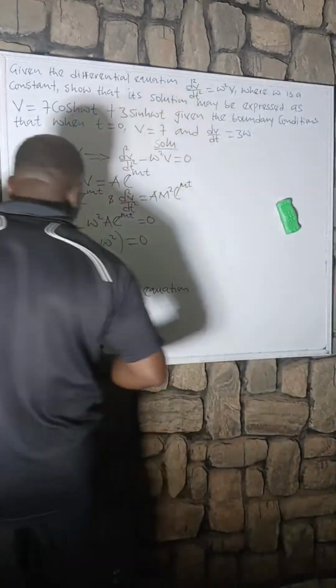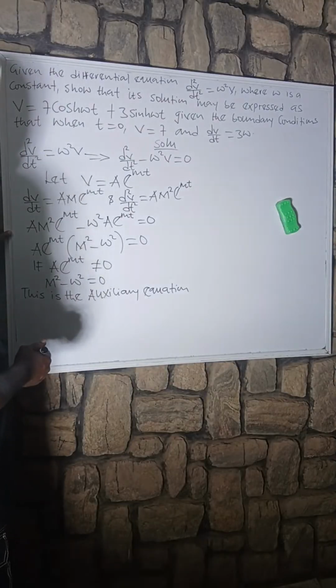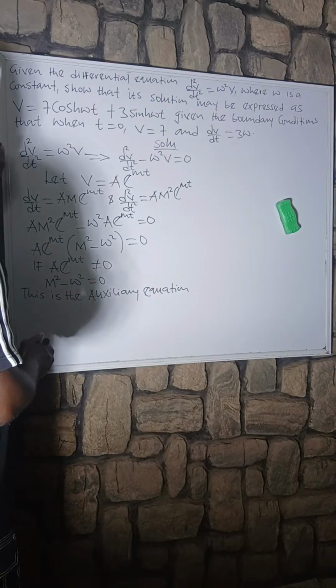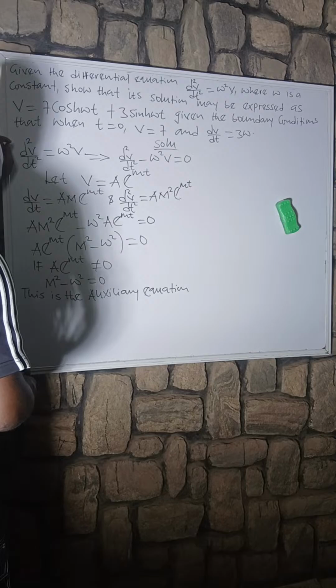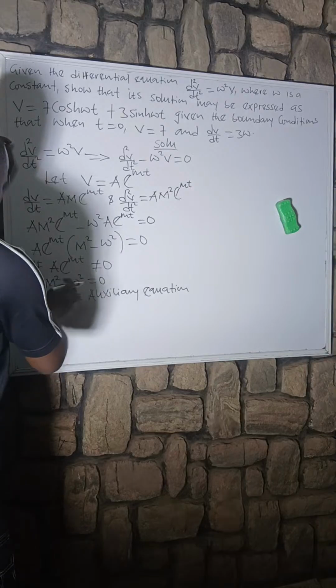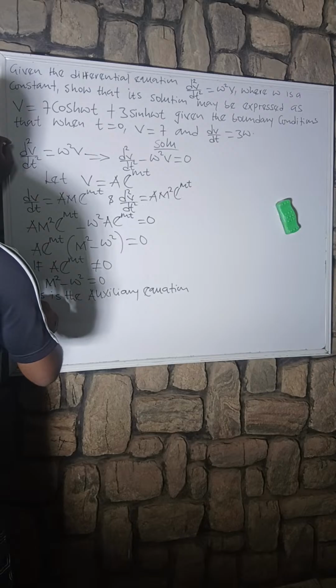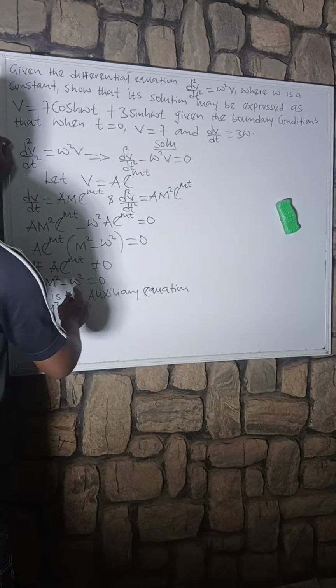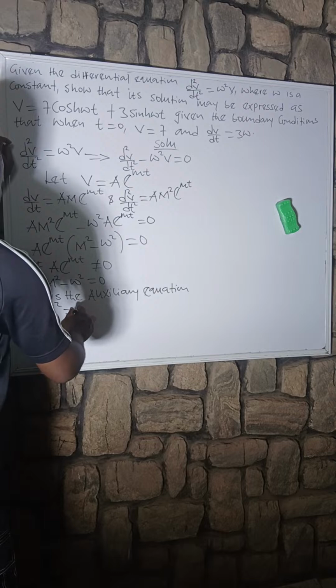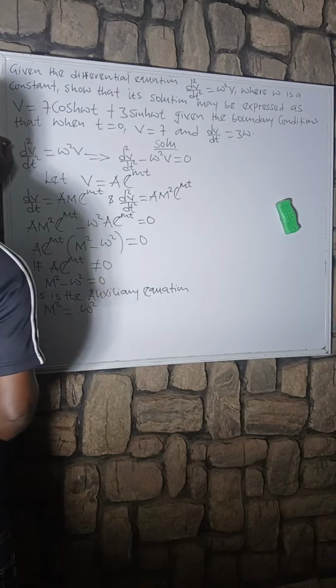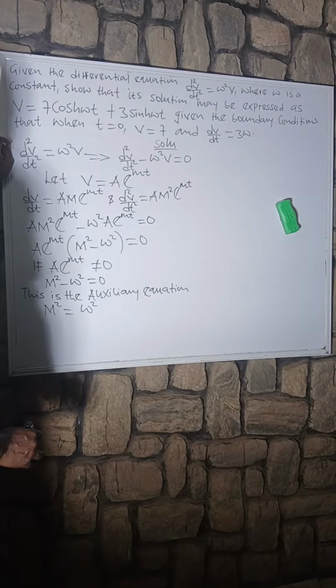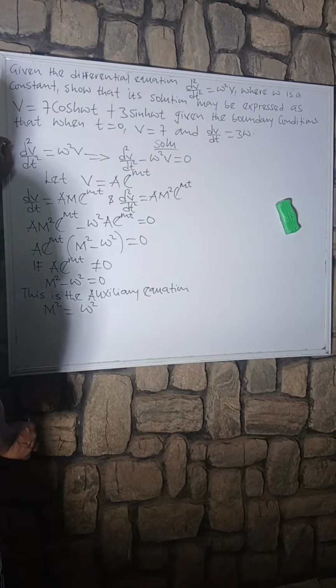So now what we need to do here is, our m square is equal to what? Plus omega square, right? Do you agree with me? Plus omega square.